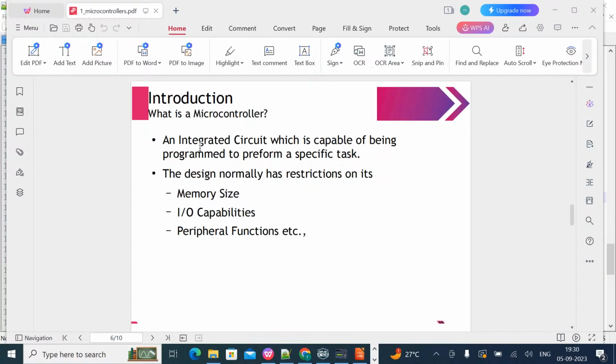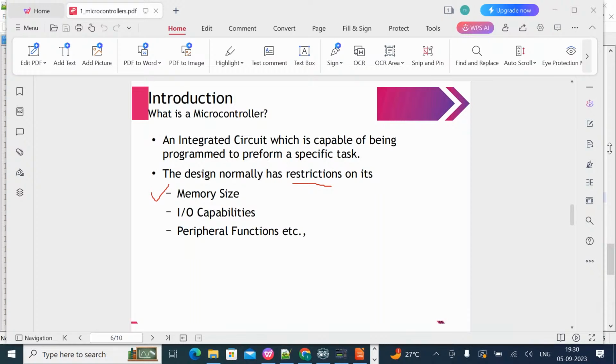And what is a microcontroller? It's an IC which we can program to perform a specific task. But if you are going with the microcontroller, you may have some restrictions. The first restriction is the memory size. Microcontroller comes with built-in memory.